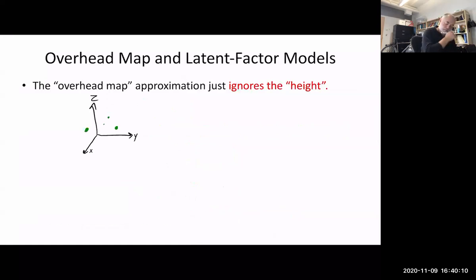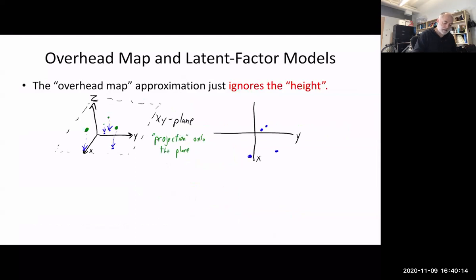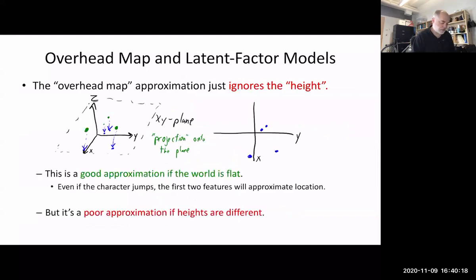So we've got your Doom positions in X, Y, and Z space. You've got the XY plane, and you just project down onto that plane, and that's what's going on. This is not a bad assumption if the world is flat. It's a poor approximation if the heights are different, in particular if you choose just the XY plane.